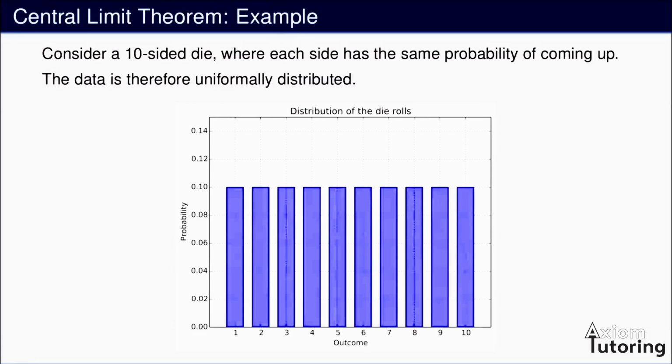Okay, so the data is uniformly distributed, and if I draw a histogram of basically the different outcomes and the probability of each outcome coming out, we can see that there's a 10% probability of getting a 1, 10% probability of getting a 2, all the way to 10% probability of getting a 10. Okay, so that's our x variable.